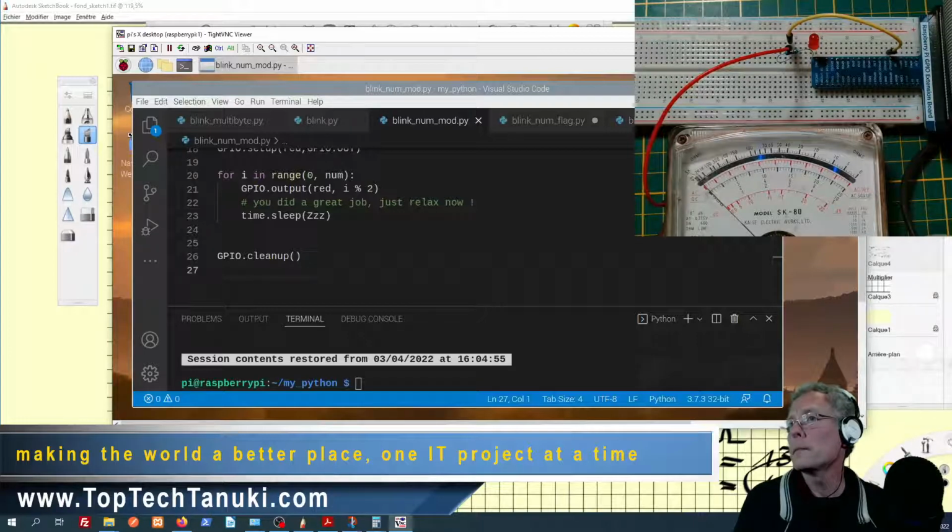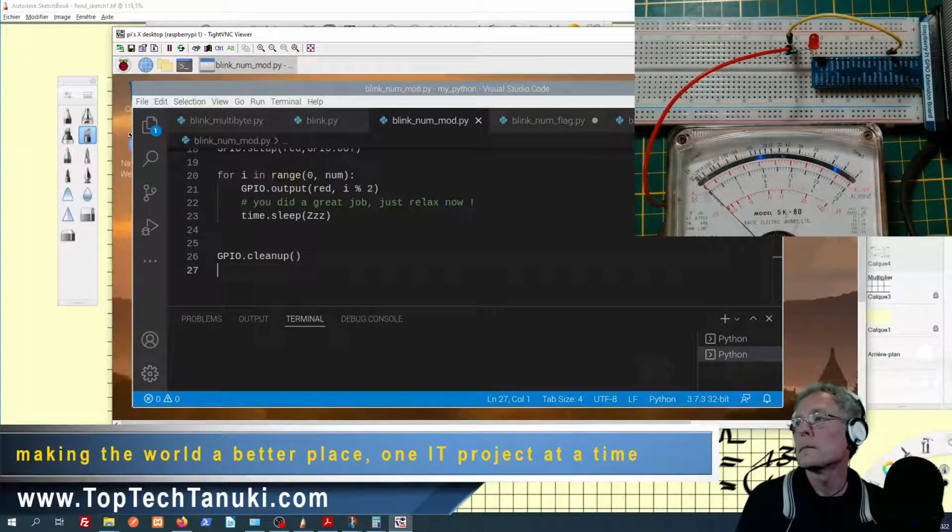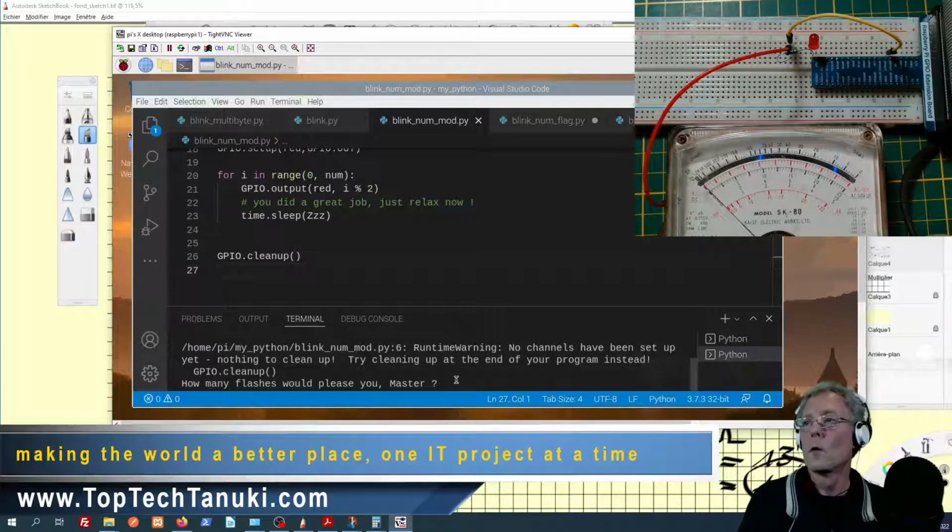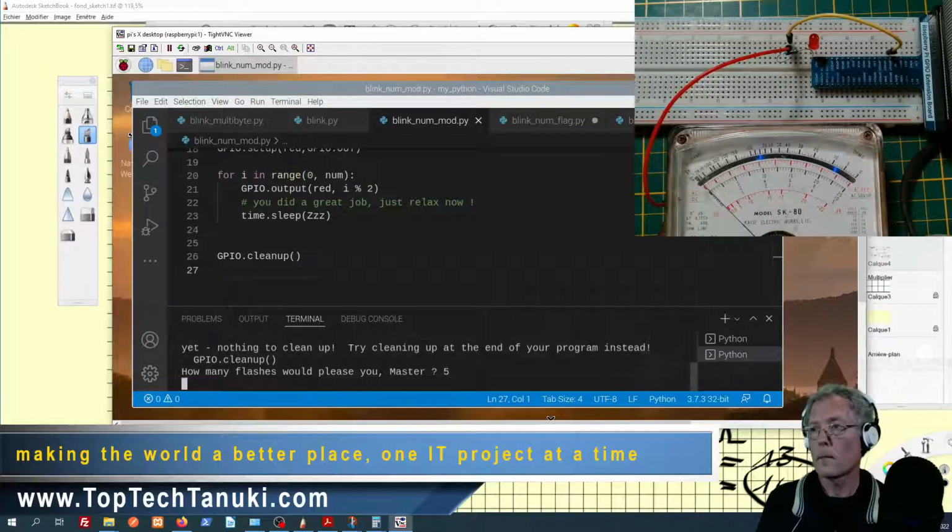Let's run it. Yes, as I told you earlier, I would like 5 flashes. Okay. We have a liftoff. Yes.